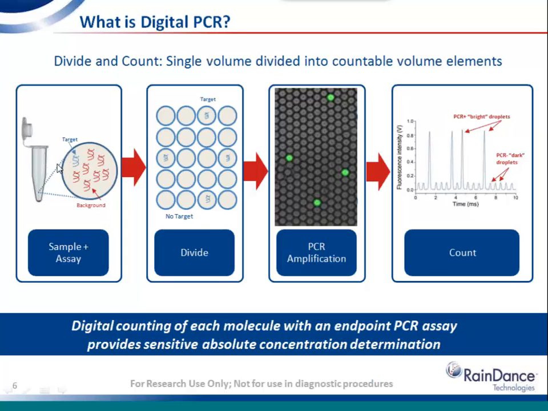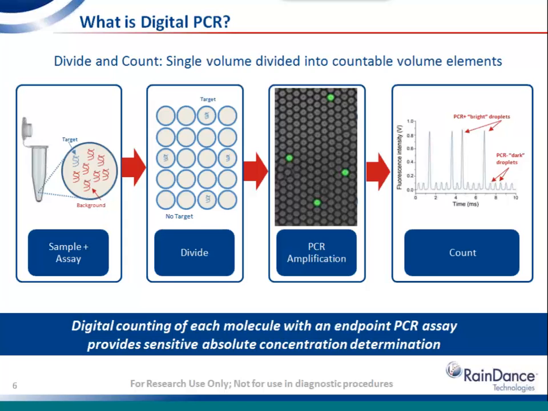This is illustrated here with the complete sample containing the target in a complex background being divided such that there are a lot of compartments that contain no molecules of interest, and the compartments that contain a target will contain just one.